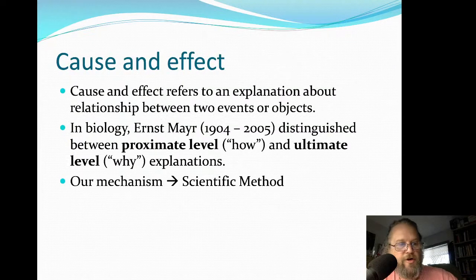So a little bit about cause and effect. Hopefully you know what I mean by that, right? Cause and effect refers to an explanation about the relationship between two events or objects or things. In biology, a long time ago, a famous evolutionary biologist added into the philosophical discussion about cause and effect and scientific method by saying that our explanations in biology have really two different types of explanations.